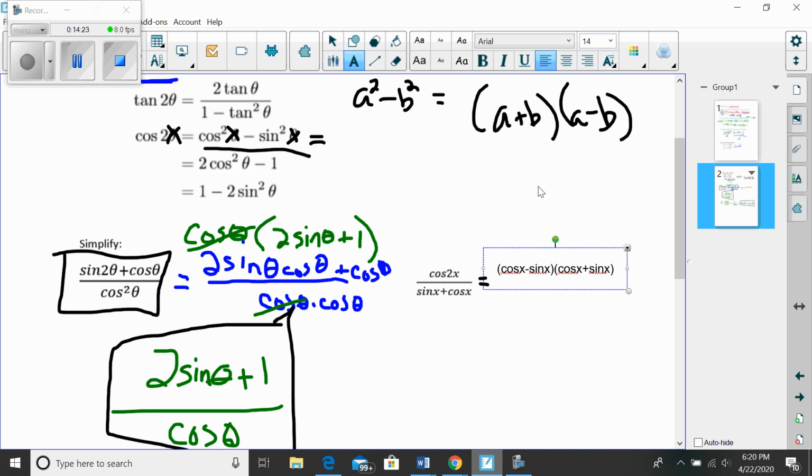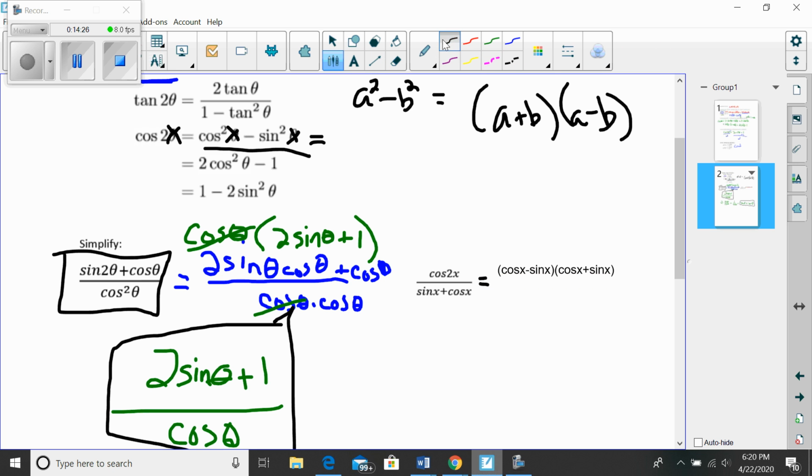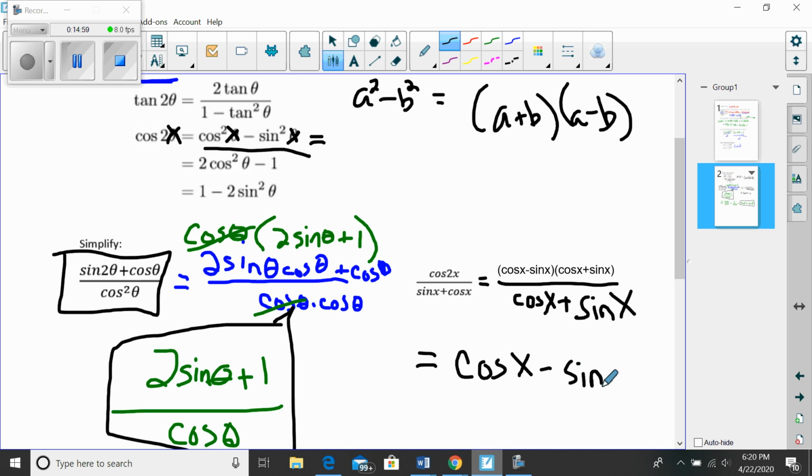And then, of course, notice what I have in the denominator. I have the sine first instead of the cosine, but I have the commutative property of addition that tells me if I want to change the order of the addition, I can. And then when I do that, I can see that this factor here cancels with what I have in the denominator, and I have a final answer of cosine x minus sine x. And we're done.